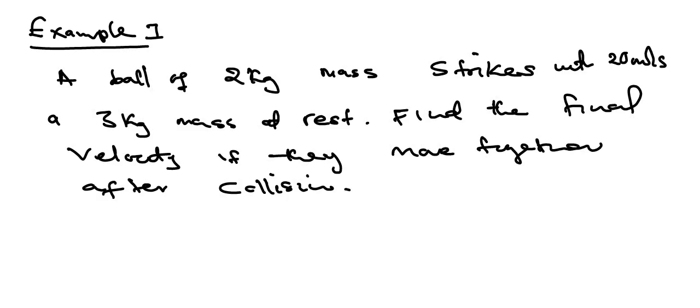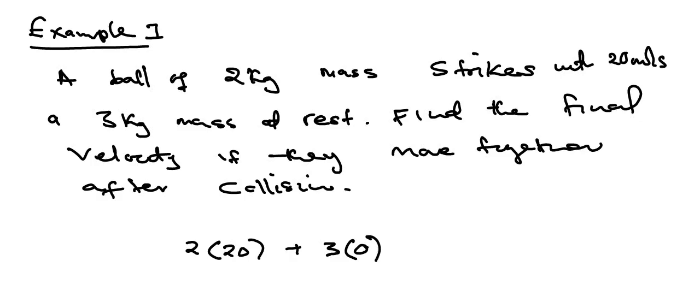So they will always give you information about the first object. The first object here has a mass of 2 kg and the velocity is simply 20, plus the second object is 3 kg, and the velocity is, because it's at rest, we'll take it to be 0. So this is what I mean that they have to be different.